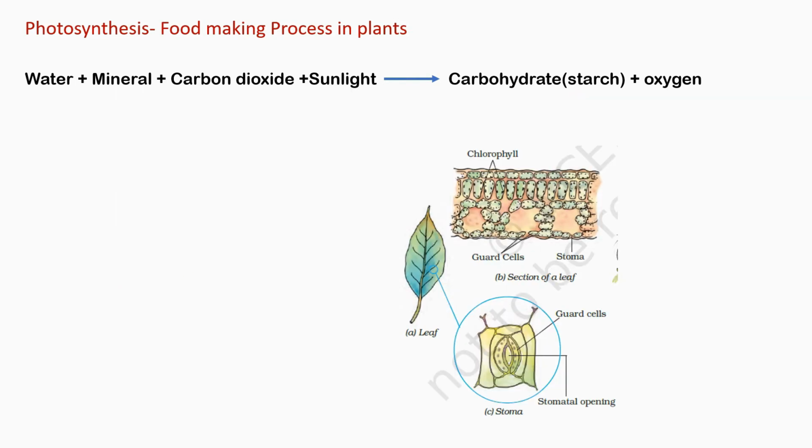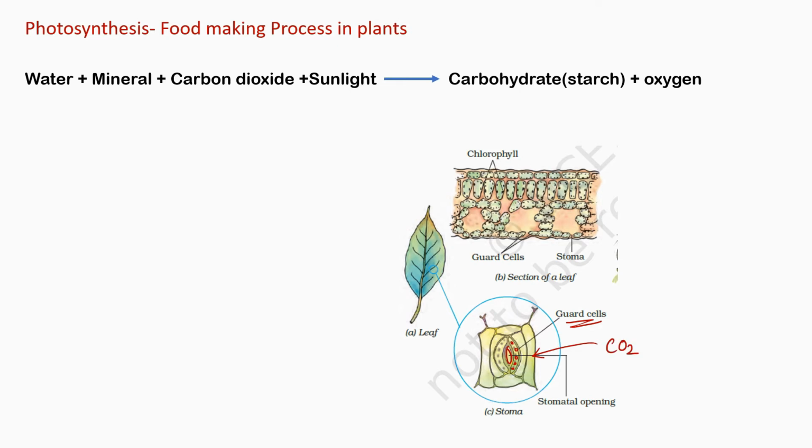So these are the stomata pores. As you can see on the surface of the leaf, this kind of pores will be there. This is a pore and it is surrounded by these small guard cells. So they will open up the pore when photosynthesis is happening, and via this pore the leaves are taking carbon dioxide from the air.